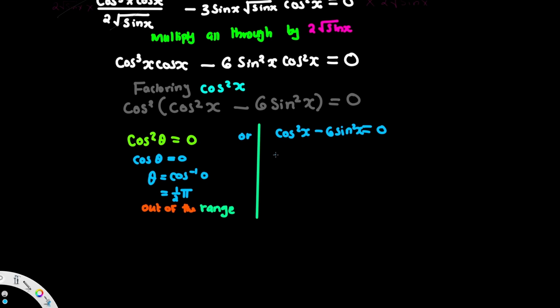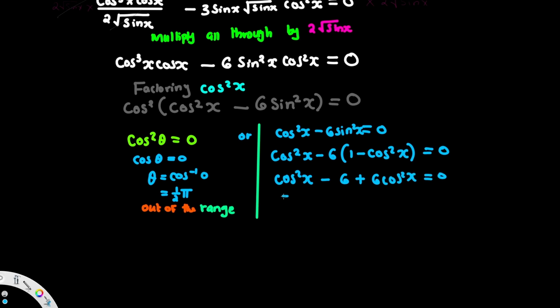Now this one also is equal to 0, so we can write it in the same trigonometric ratio, because we can change sine squared x to cos, and that's going to be cos squared x minus 6 into bracket 1 minus cos squared x equals 0. We can simplify this to get 7 cos squared x minus 6 equals 0.